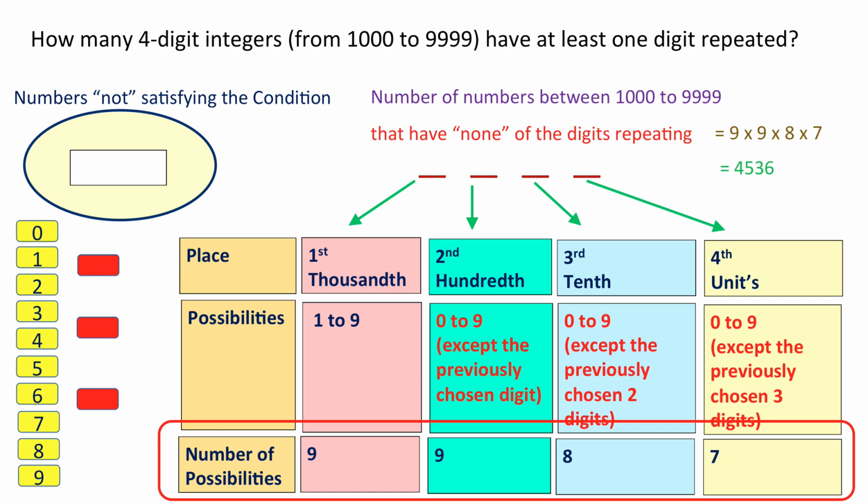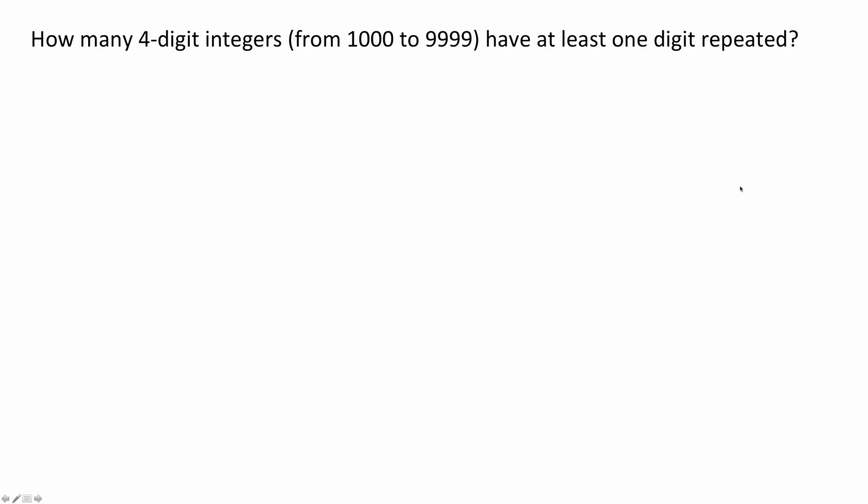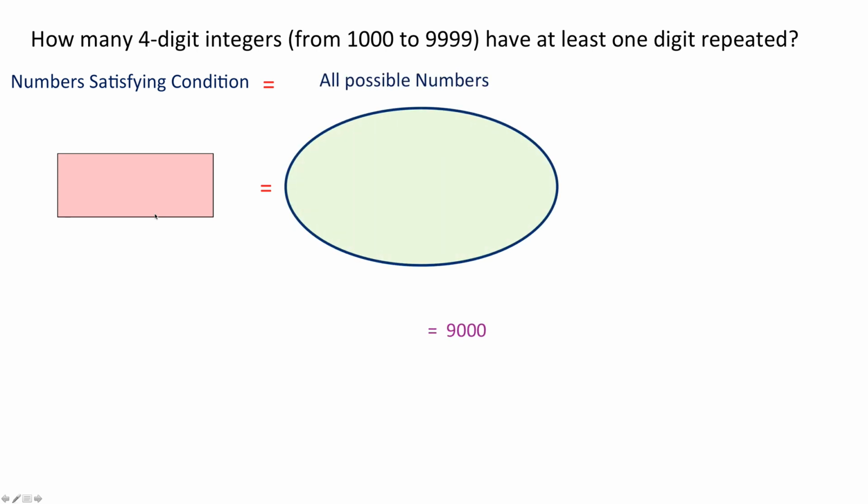Now coming back to the previous slide, when we talked about the sets and subsets, we are supposed to find the numbers which satisfy the condition, which were identified by this rectangular block. We know that the superset is all possible numbers between 1000 to 9999, which is 9000.